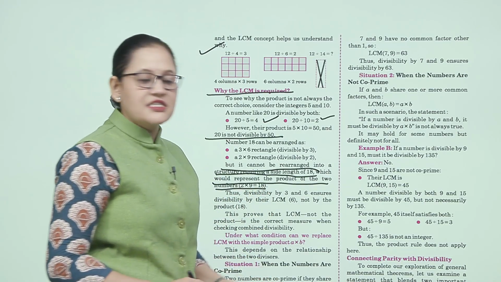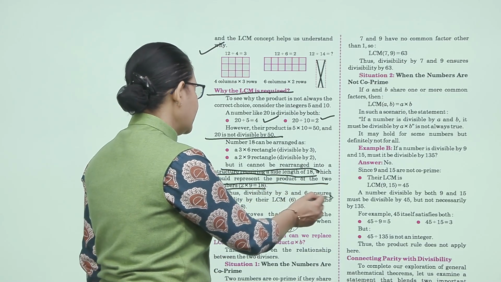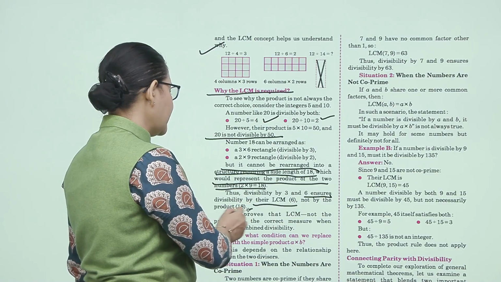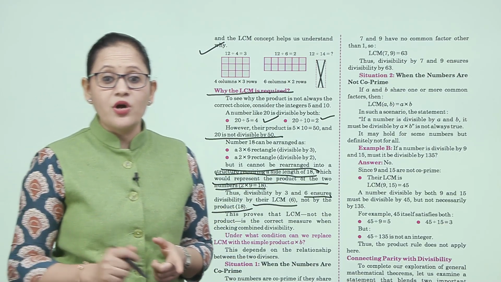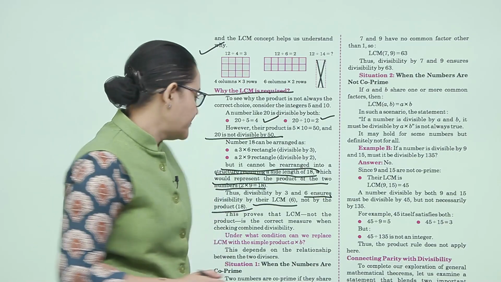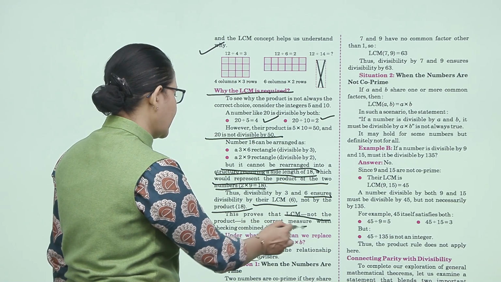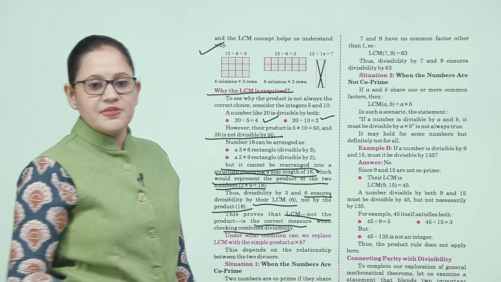Thus, divisibility by 3 and 6 ensures divisibility by their LCM, not by their product. This proves that the LCM, not the product, is the correct measure when checking combined divisibility.